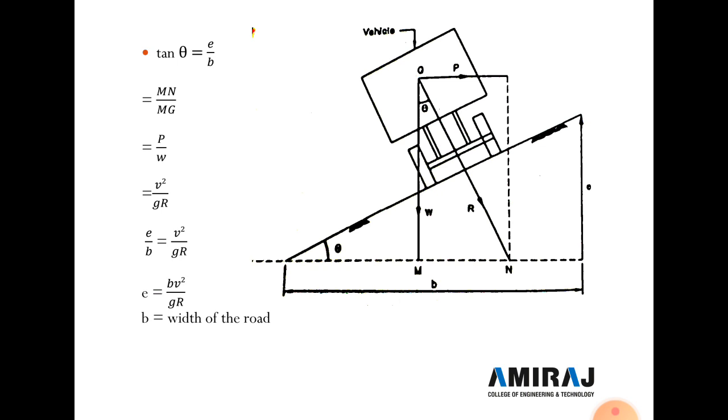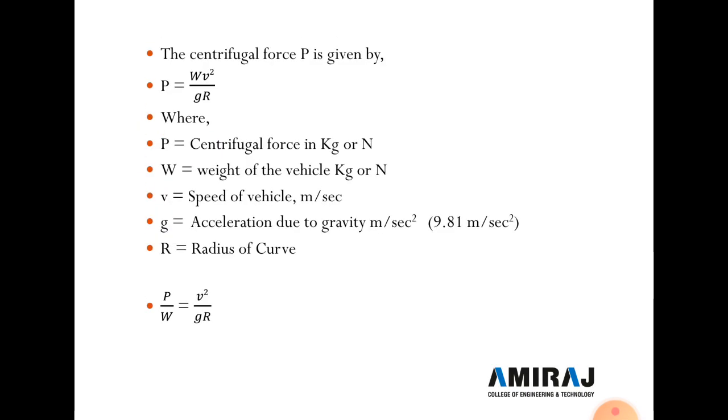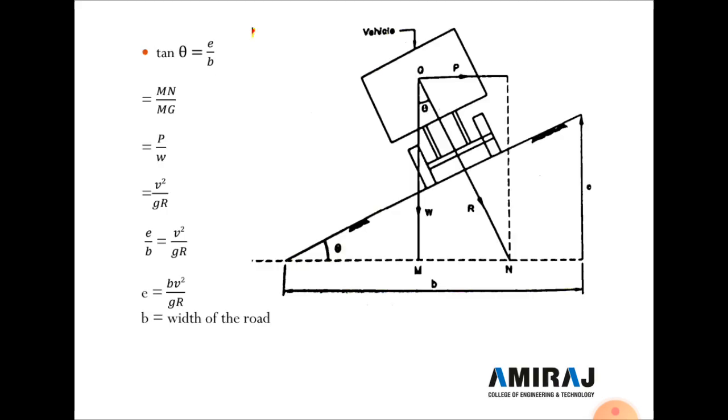Here Mn divided by Mg is equal to P by W, the force P and weight W. We know that P by W is equal to V square divided by GR. So E by B is equal to V square divided by GR.